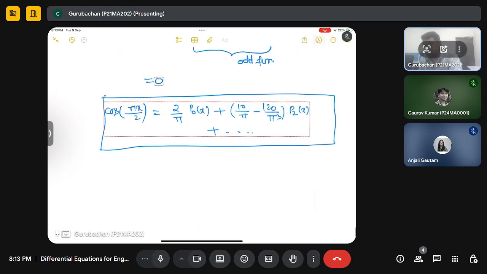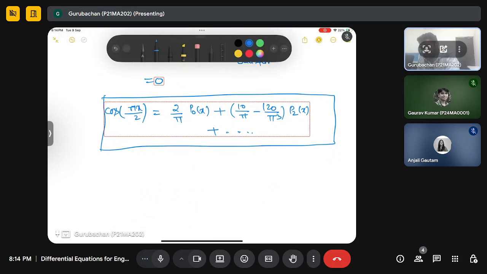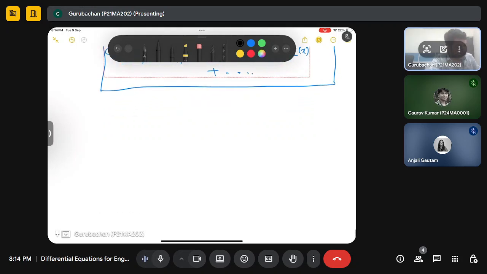So let me write the last question, which is somewhat similar to this one. We have to find the three terms.